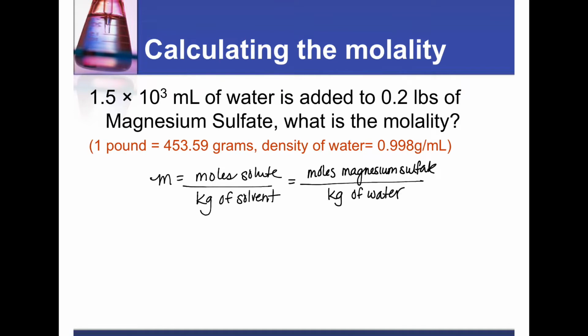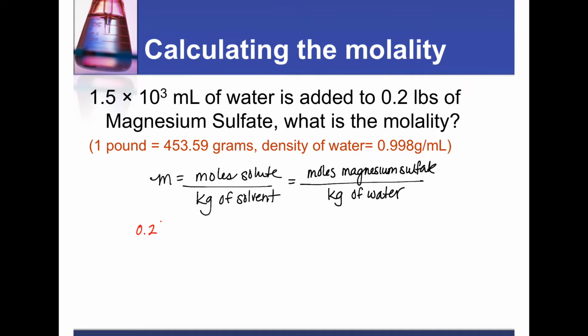And when I do that, I can see that I can use my 0.2 pounds of magnesium sulfate to find moles, and then I can use my milliliters of water to find kilograms of water. So my first step is to find the moles of magnesium sulfate.